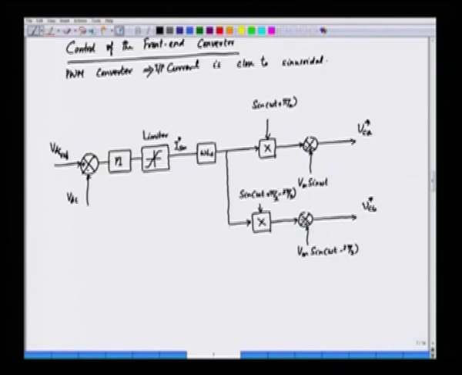Now, similarly for phase C, we have again another multiplier.